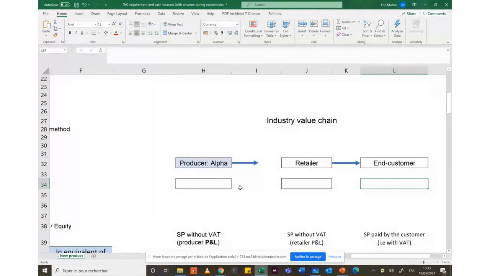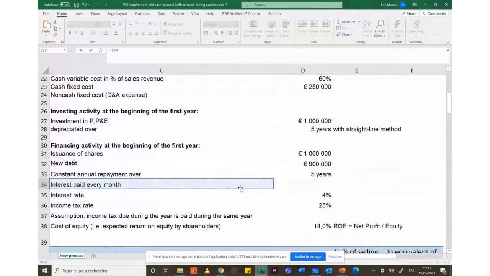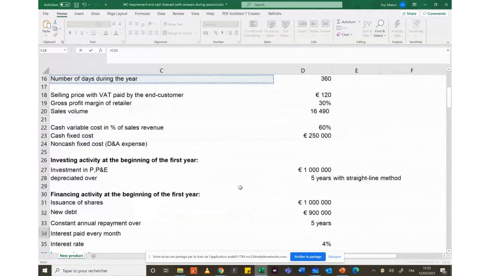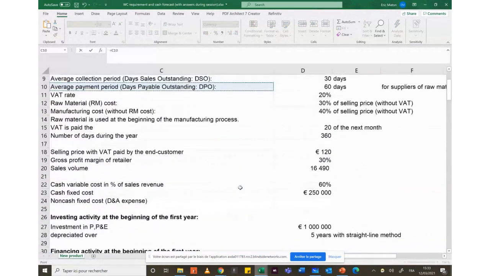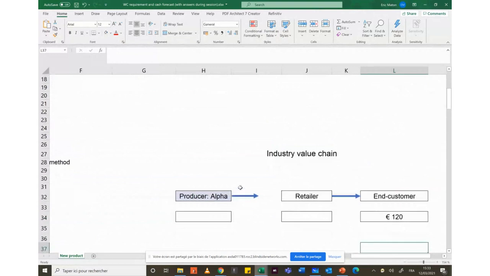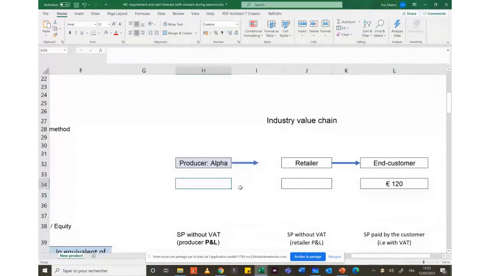So the end customer is able to pay, sorry, it's here, 120. But this selling price is not for us. First, we have to eliminate the VAT because the P&L is without VAT.